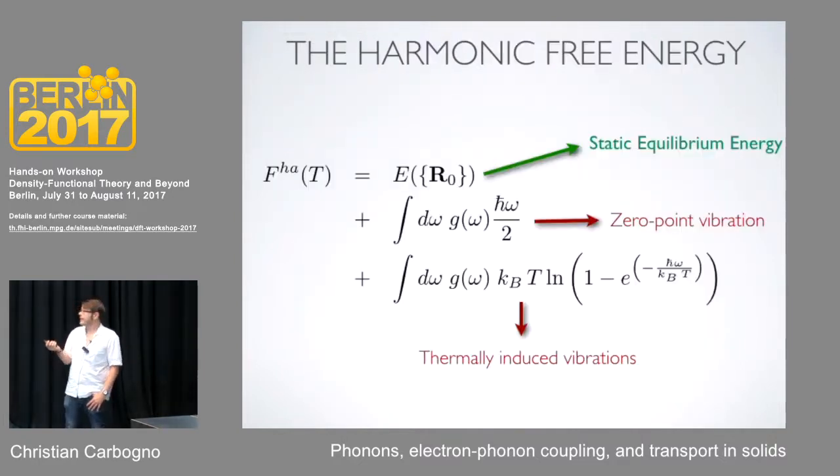One interesting thing: if you have the density of states, you can evaluate the free energy. So how does the motion of your nuclei change the free energy as a function of temperature? For that, you have one term that essentially corresponds to the zero-point vibration, plus one additional term that scales with temperature, and these are the thermally induced vibrations.